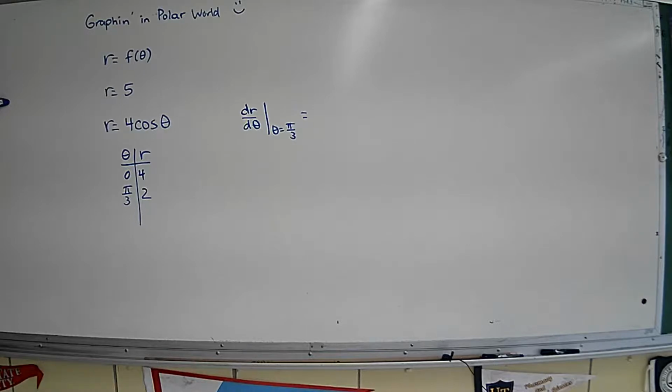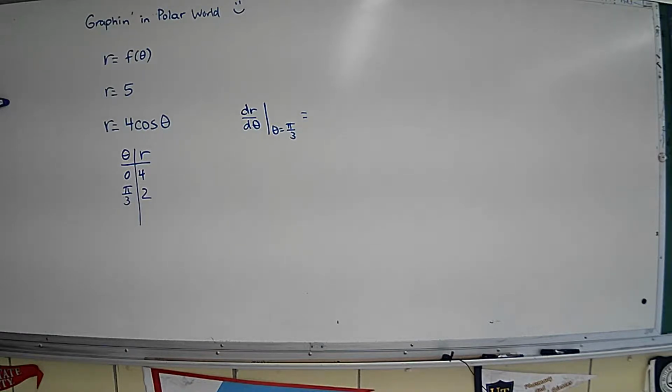I would wager right now, most of you would feel more comfortable just computing the answer than explaining to me whether it's positive or negative and why. So if dr d theta is positive, what does that mean? It means as theta increases, r increases. If dr d theta is negative, it means as theta increases, r decreases. So at that moment, when theta equals pi over 3, what's happening to r, Mia? It's getting smaller.